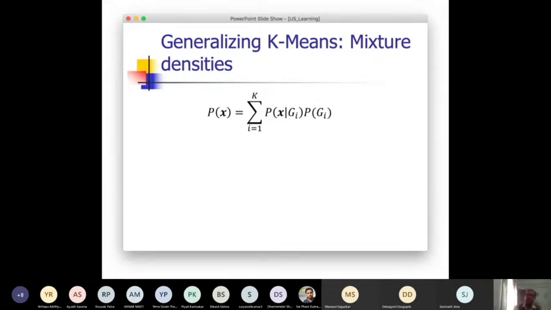So G_i here is a density function, and it also represents some kind of underlying process which is responsible for generating feature vectors.